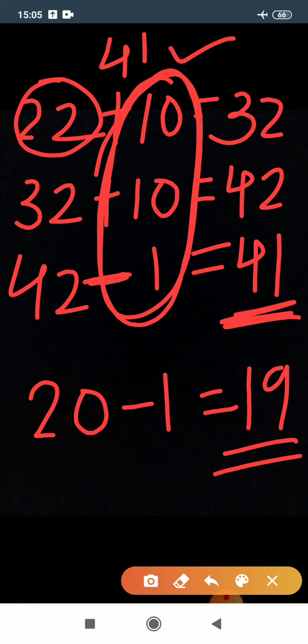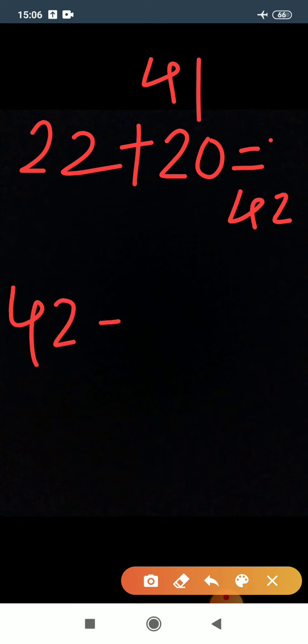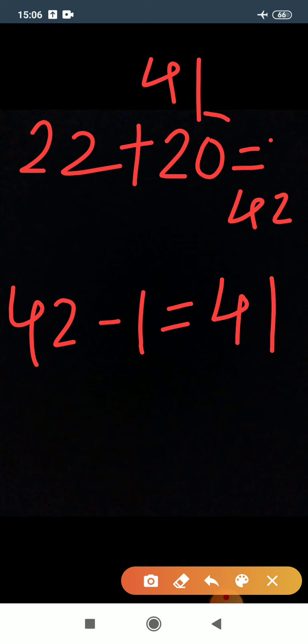Or the other simple method is to take room number 22 and directly add 20 jumps. So it will be 42. But we need to reach 41. So 42 minus 1 will give you 41. So our jump is 20 and this minus 1.